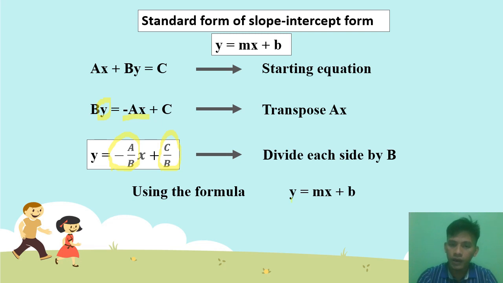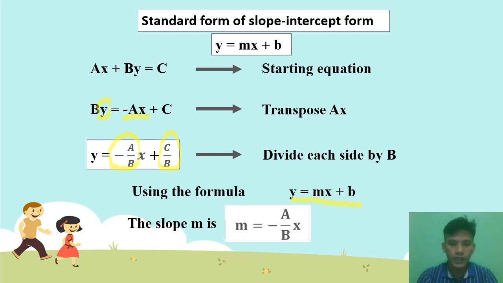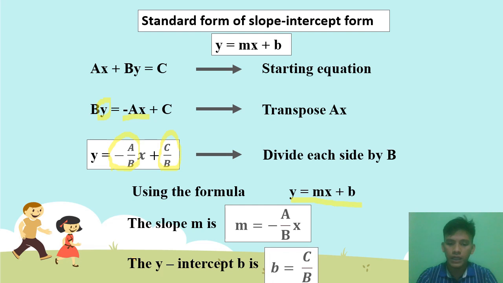Therefore, the slope m is equal to negative a over b, and our y-intercept b is equal to c over b. Don't forget those formulas, our slope and our y-intercept.